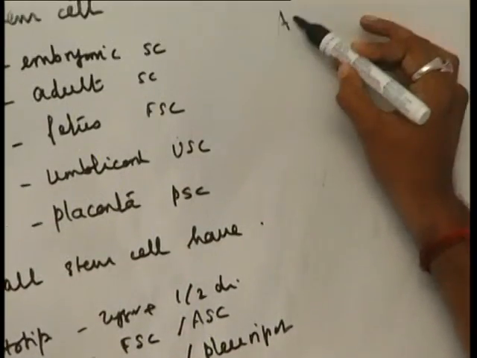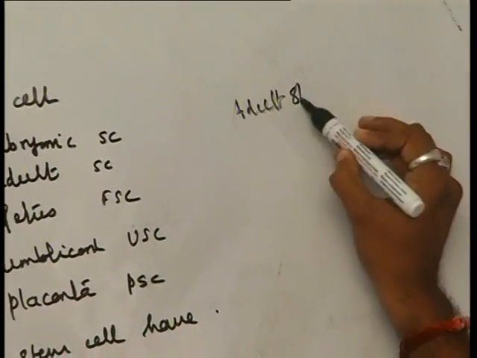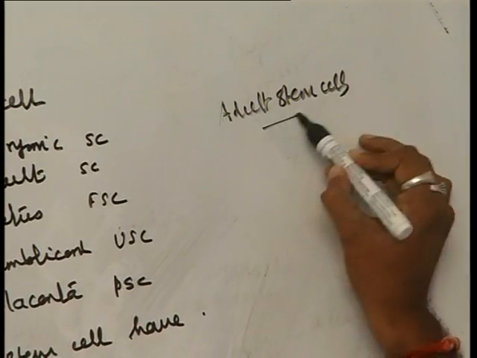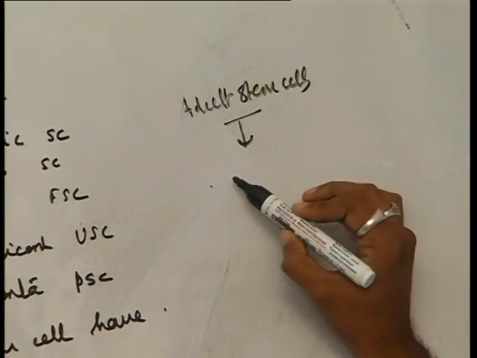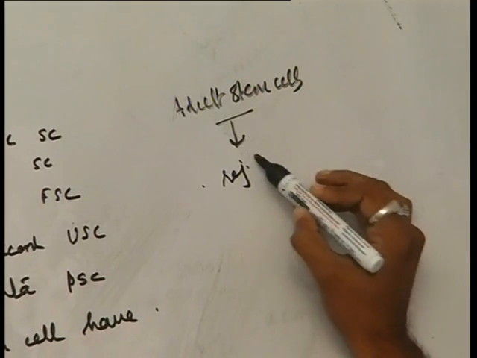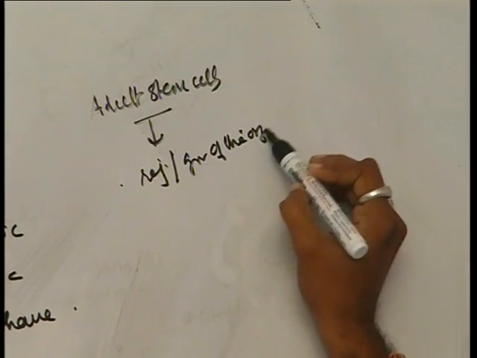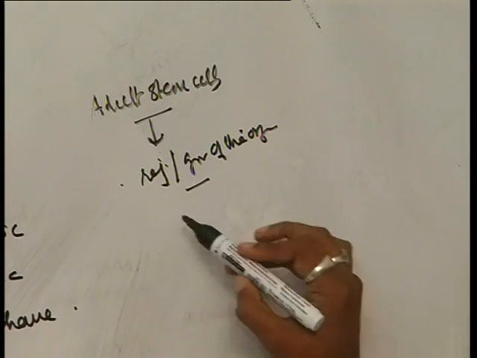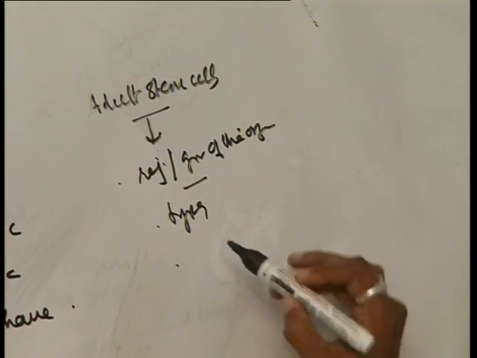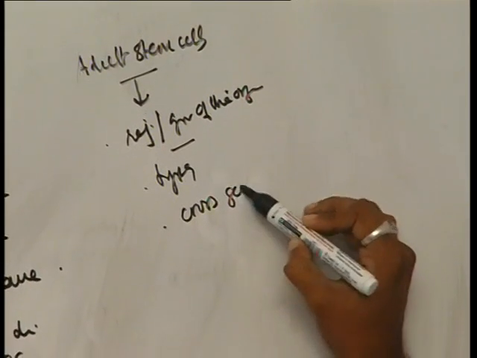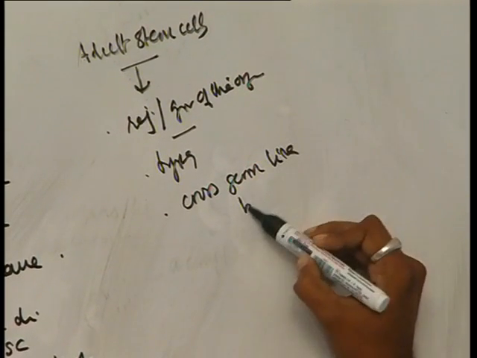Also, as I talked about the adult stem cells, they are for the rejuvenation or for the growth of the organ, and they have their own types. They are also able to cross the germline barrier.